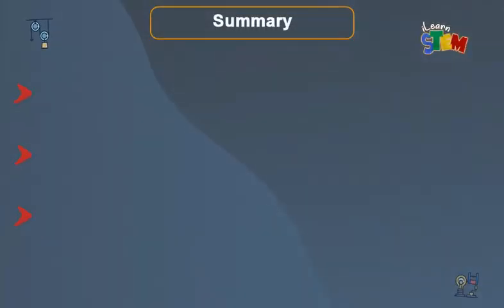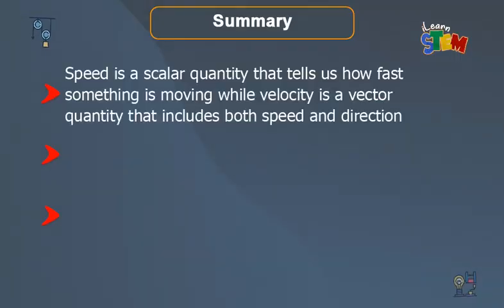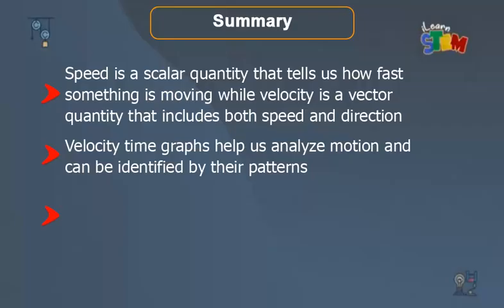Great job so far. Let's take a moment to recap what we've learned. Speed is a scalar quantity that tells us how fast something is moving, while velocity is a vector quantity that includes both speed and direction. Velocity time graphs help us analyze motion and can be identified by their patterns.